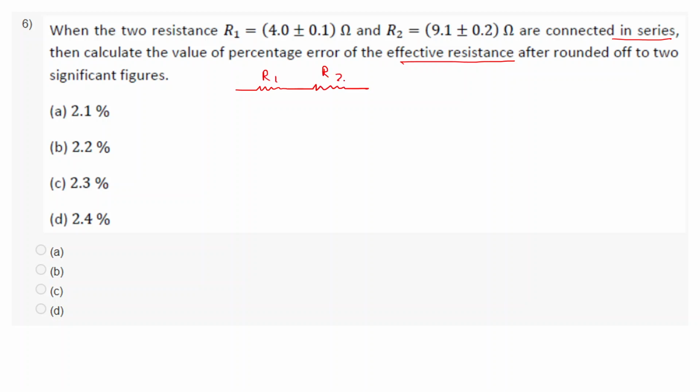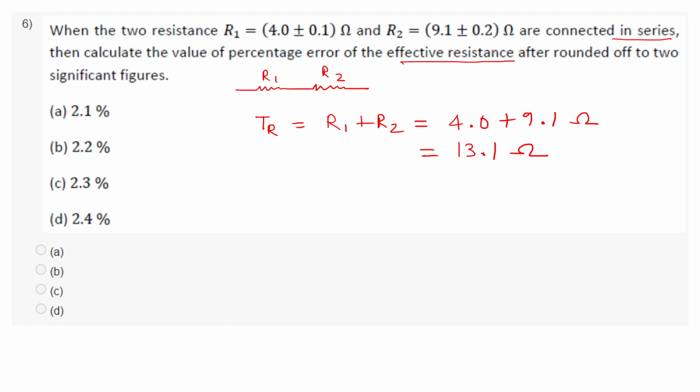We had discussed in detail in experimental physics 1 how this relation comes, but for this question we'll just take directly that the total resistance when two resistors are connected in series is given by R1 plus R2. So R1 and R2 are given, so the total resistance will be 4.0 plus 9.1 ohm, which is 13.1 ohm.